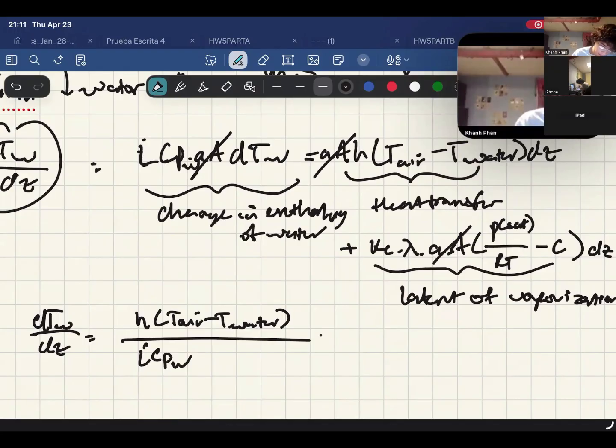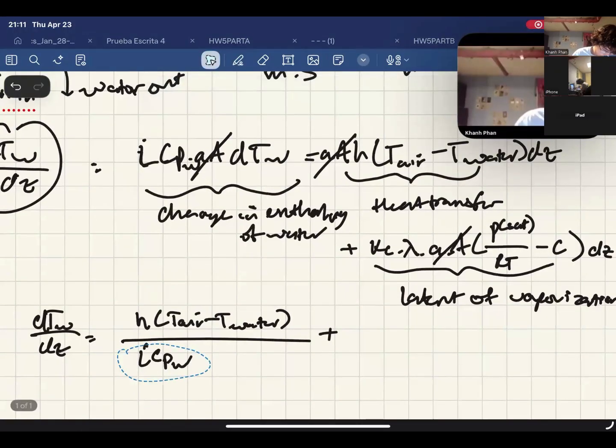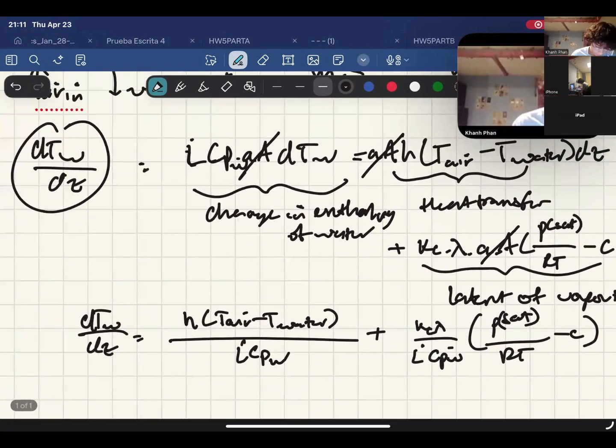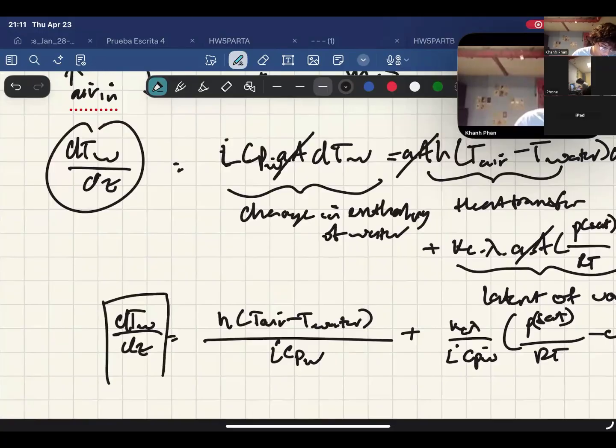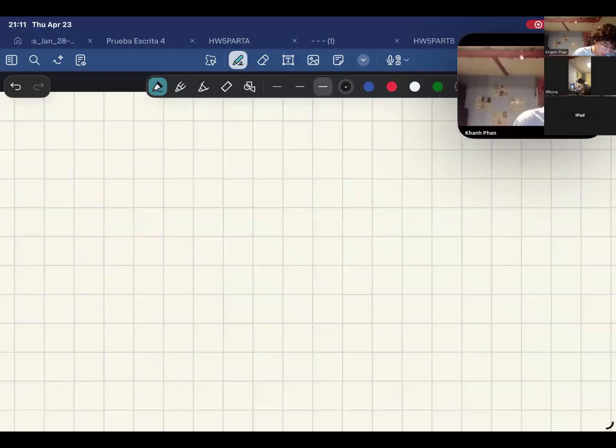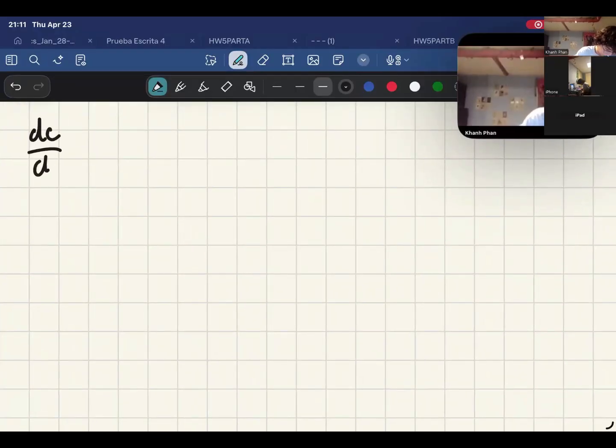Heat capacity of water, and then plus, let's move this onto the middle, plus Kc lambda over L heat capacity times P saturation of water over RT minus C. And so that's how we got our first derivation for the differential equation of change in temperature of water with respect to position. And now we're going to move on to change in concentration with respect to position, okay?